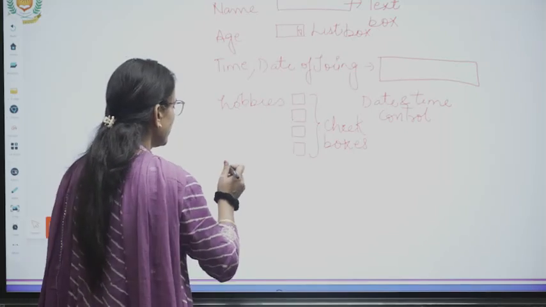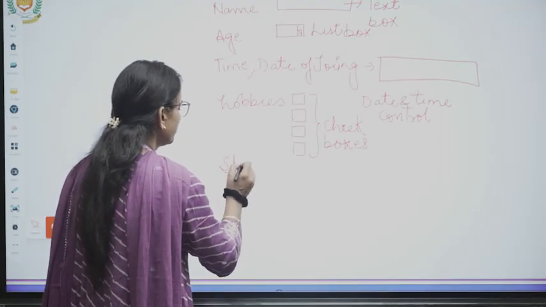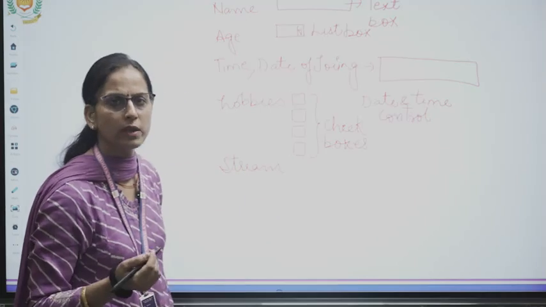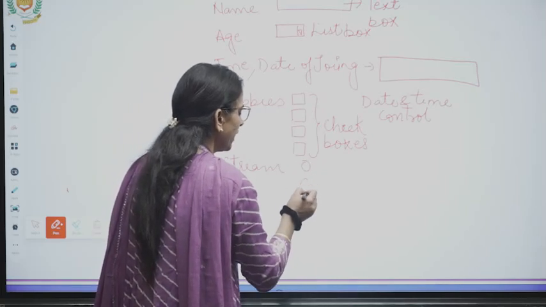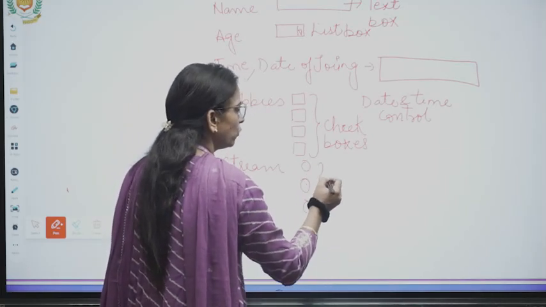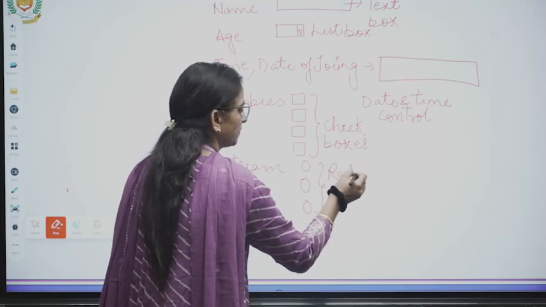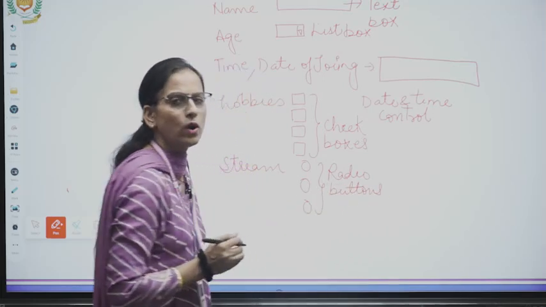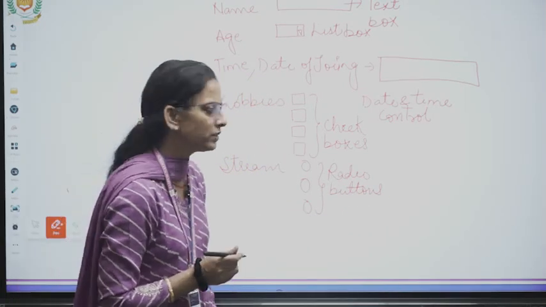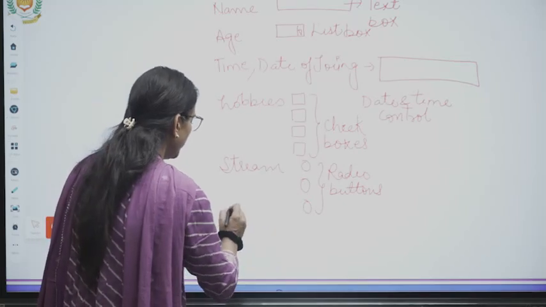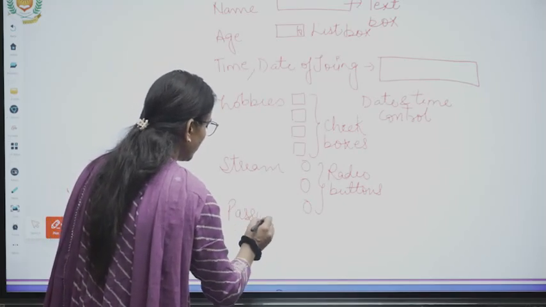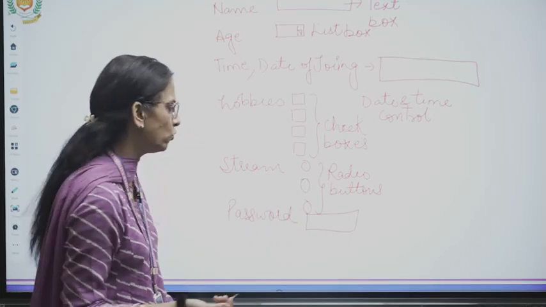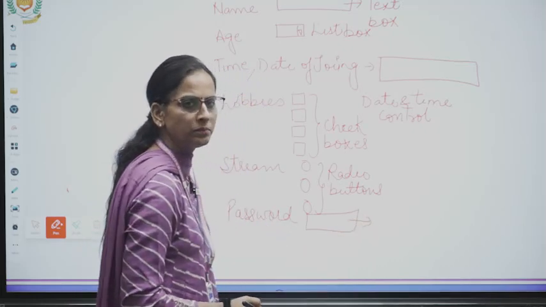Suppose there is the example of stream. If we are accepting the stream from the user, then you will take radio buttons. Radio buttons will be used when you have to select only one from the given choices. Then you need to write down the password. If you are creating a login form, then you will take the password control.